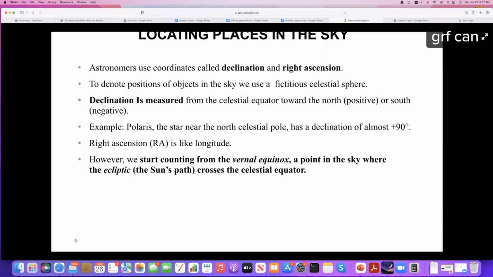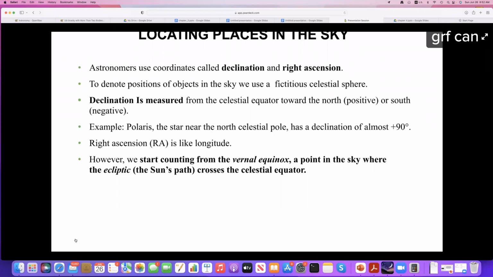Now, let's take an example, Polaris. Polaris is the North Star, which is usually located very near to the North Celestial Pole, right? If you need to tell the declination of this star, the declination should be almost plus 90 degrees.